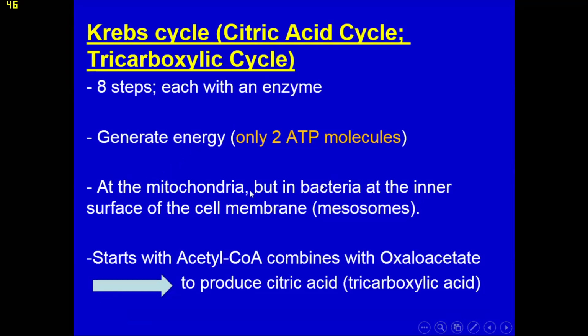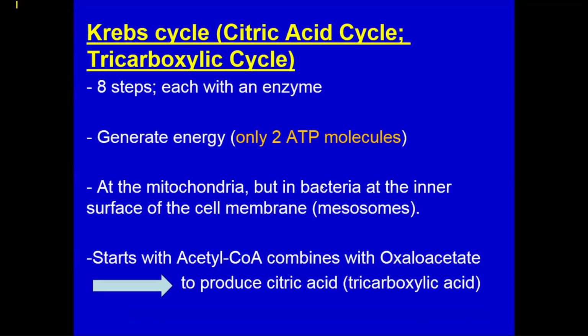It occurs at the mitochondria in human cells, for example, but in bacteria at the inner surface of the cell membrane, the mesosomes. So this reaction, the Krebs cycle, occurs at the mesosomes of bacteria. Bacteria has no mitochondria, as you know.